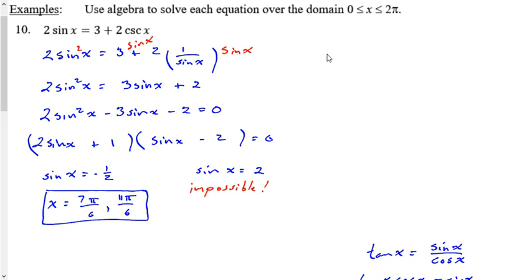So what I'm going to do is start by sketching my angles in standard position. I know I have a negative half, which means a negative y value, or with the CAST rule, I know that I'll be in the third and the fourth quadrant. Suppose I have some reference angle here, alpha.